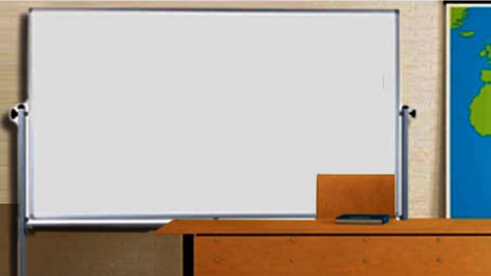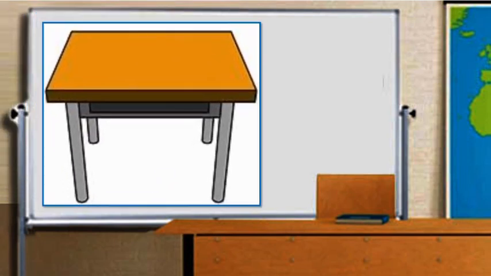Now, I will flash some pictures of different objects and try to identify what lines each object represents. We have the first one, table. Our table has 4 corners.